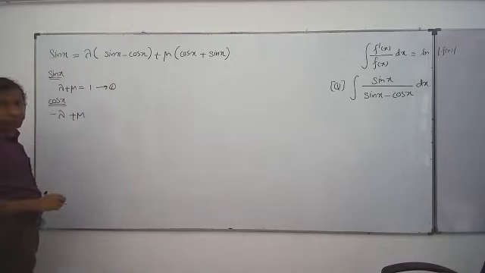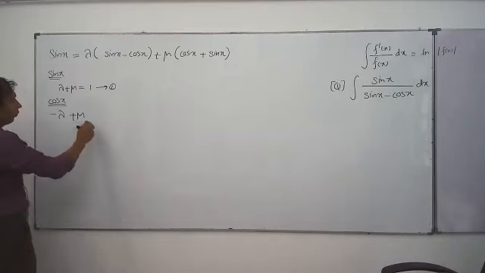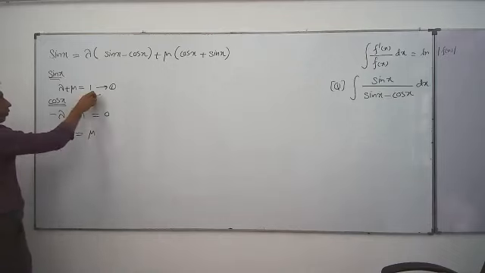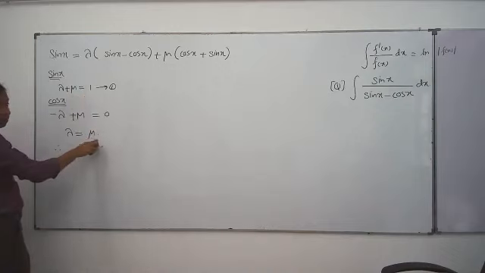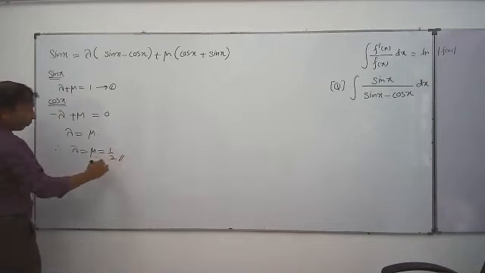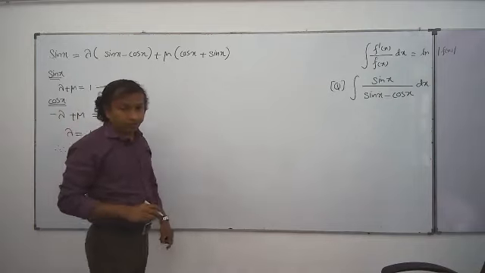That means the coefficient of cos x in left hand side is 0. This is therefore lambda equals mu. Therefore lambda plus mu equals 1 and lambda mu being equal, therefore lambda equals mu equals half. Right?